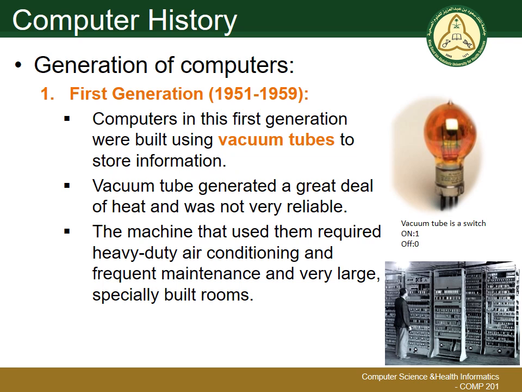Every single day they had to replace a number of them because they were burned out. And very large, specially built rooms. Those machines at that time in the 50s were huge, so they had to put them in a very big room.